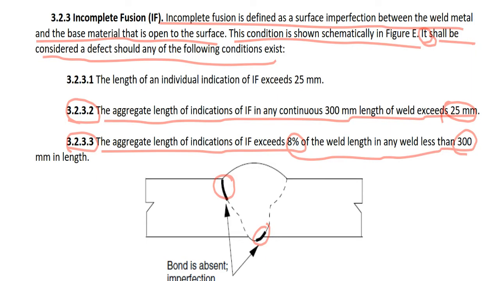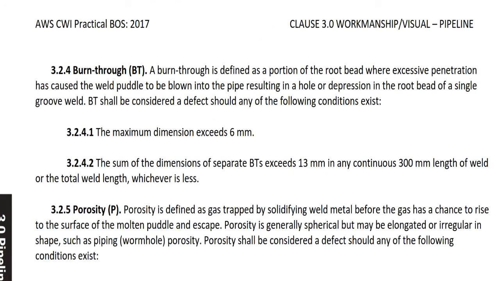So just saying, assuming the total length of IF is over 18 mm, then this is reject because it's over 16 mm. That's 3.2.3.3 IF.